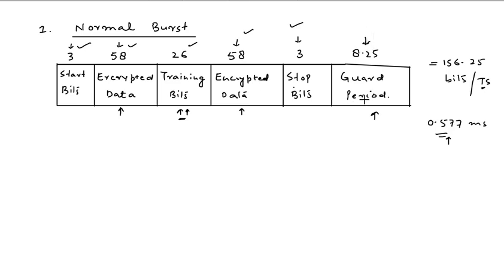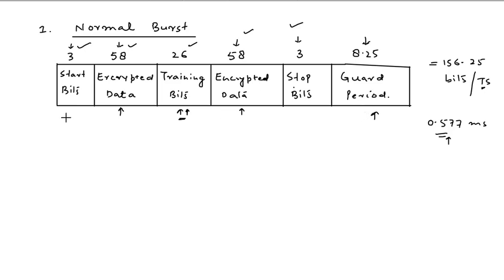So in the last field we can have a guard period of up to 8.25 bits. That means the time taken by these many bits for transmission is the time given in its part, that is your guard period.